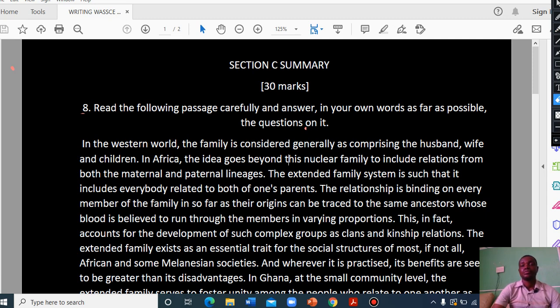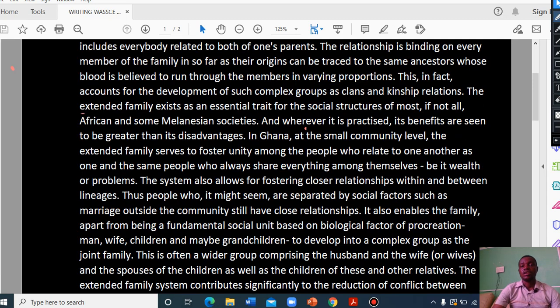Good. So we read on and get the answers. So we got to where it says that where it is practiced, its benefits are greater than its disadvantages.